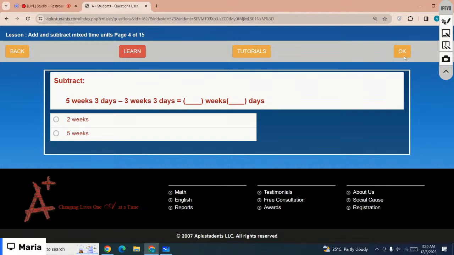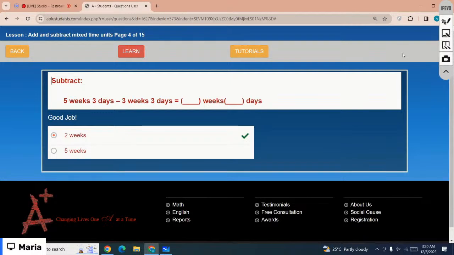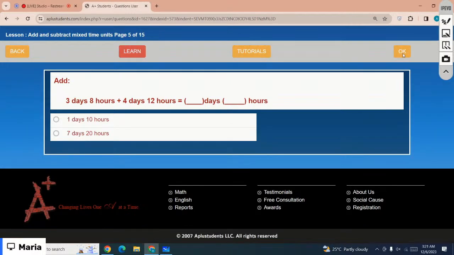The correct option is, yes, that is just 2 weeks. The correct option is 2 weeks. Okay, the next one is 3 days, 8 hours plus 8 days, 12 hours, which is the correct option?